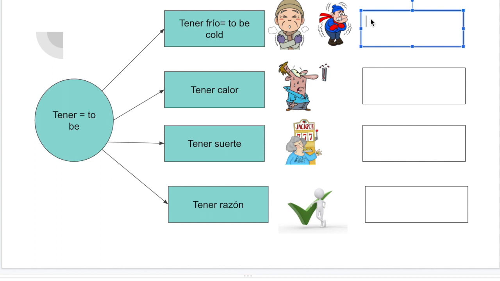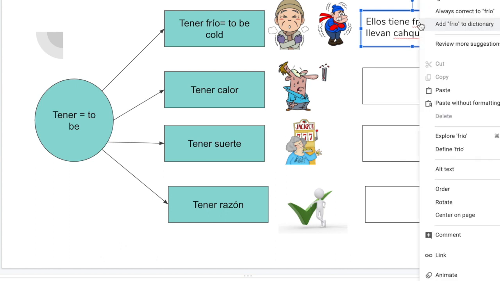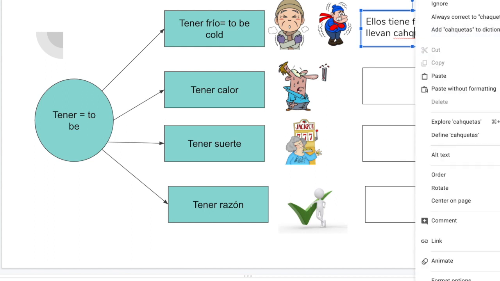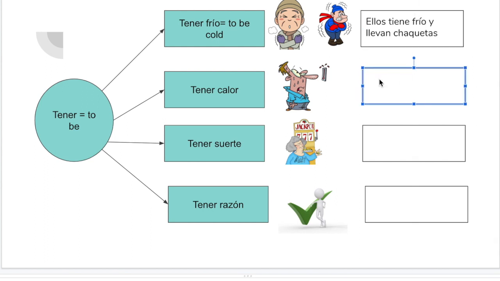I'm going to say ellos tienen frío y llevan chaquetas. They are cold and they wear chaquetas. Or they are wearing chaquetas. Y tienen. Tienen because it's two people.